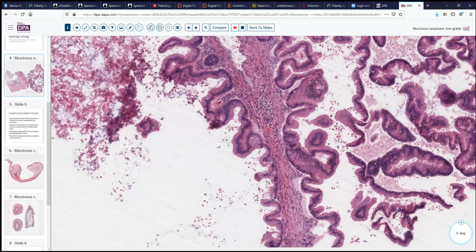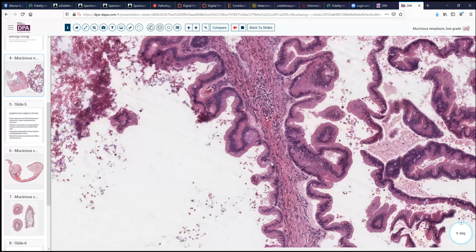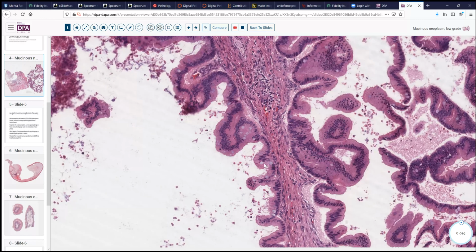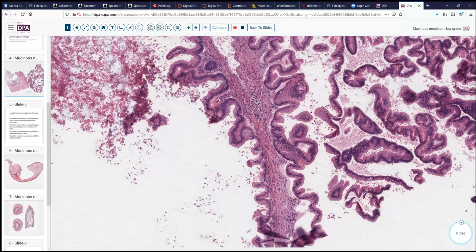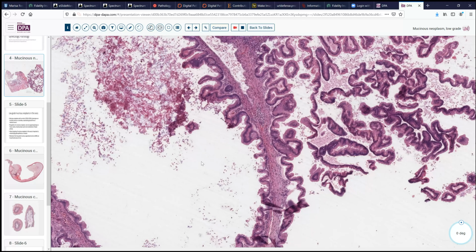We have abundant pink cytoplasm, basal nuclei. We also see that, hey, there's a few goblet cells here scattered about. So that right away gives us a clue that this is an enteric type phenotype in the mucinous neoplasms.